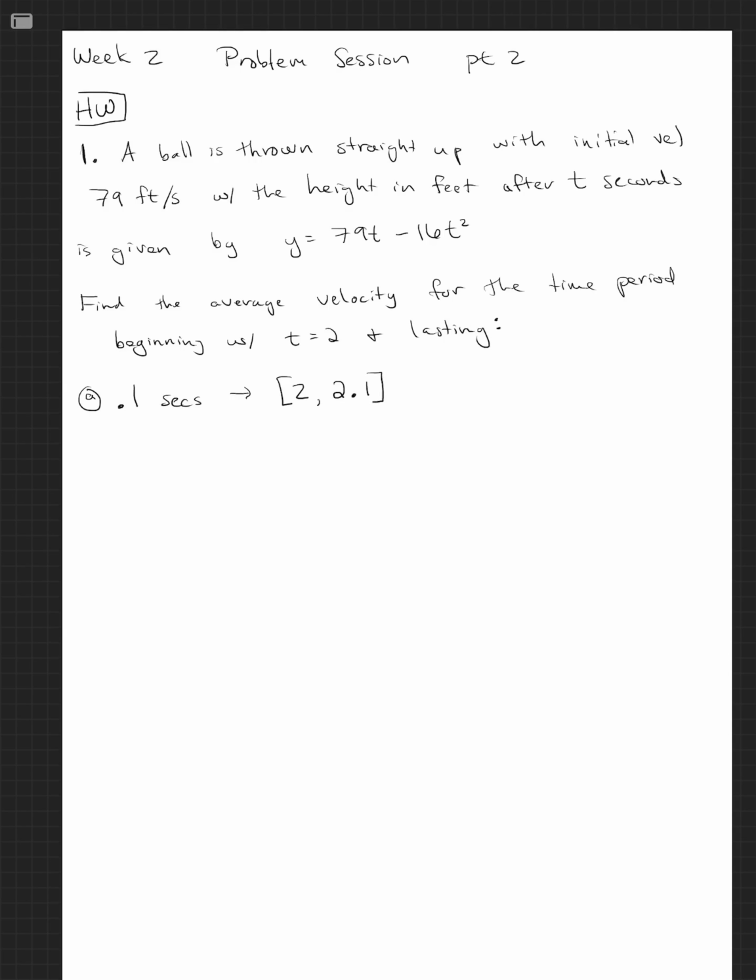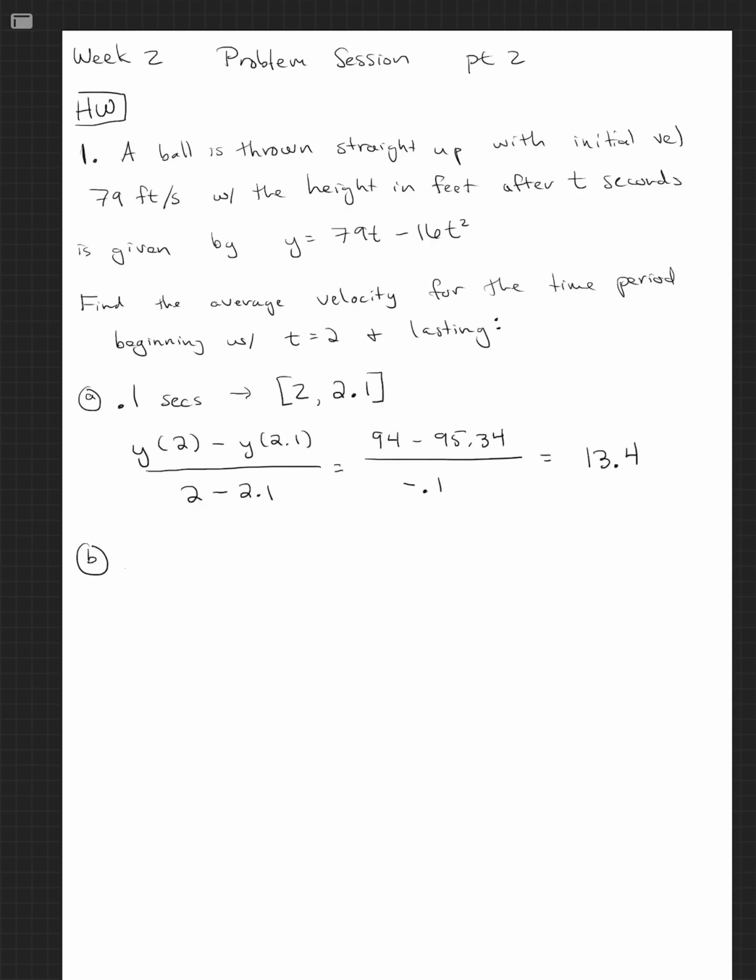And average velocity, remember, when we're talking about a position function, is the rate of change of position. So that's going to be the change in y over the change in x. So I plug this into a calculator and got 13.4.